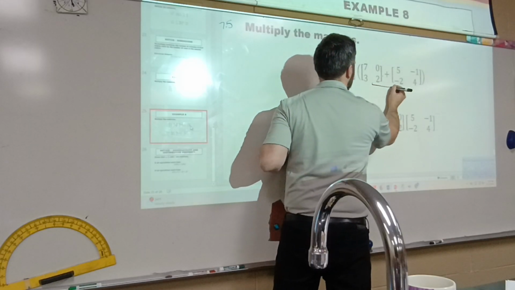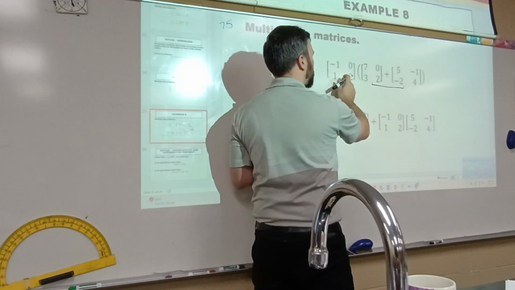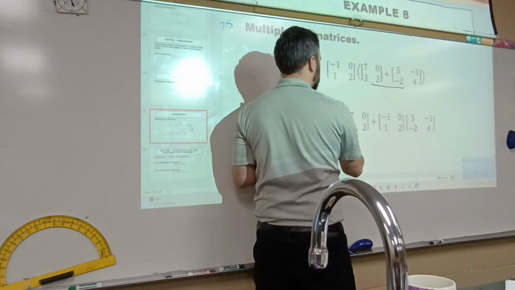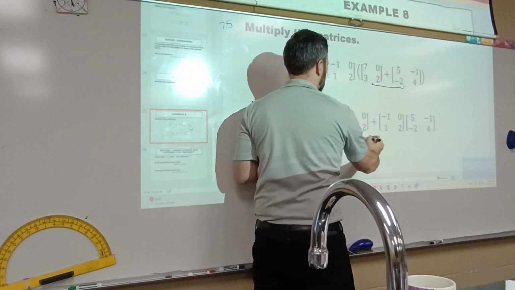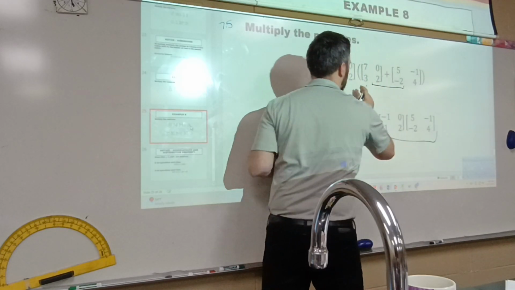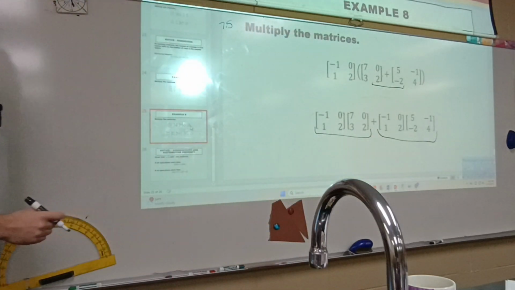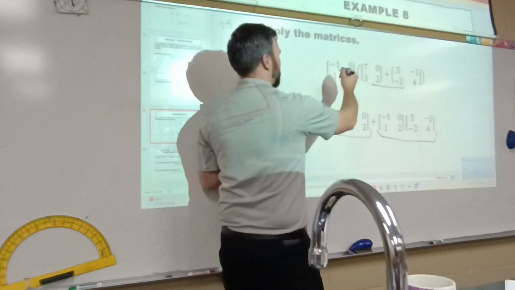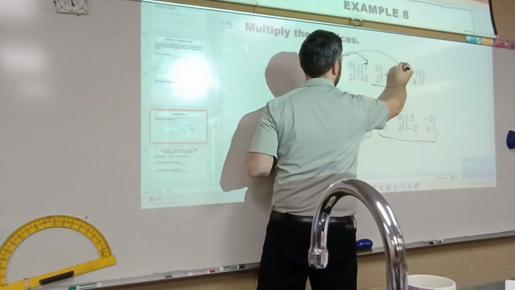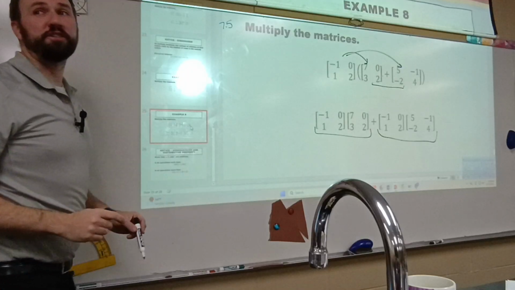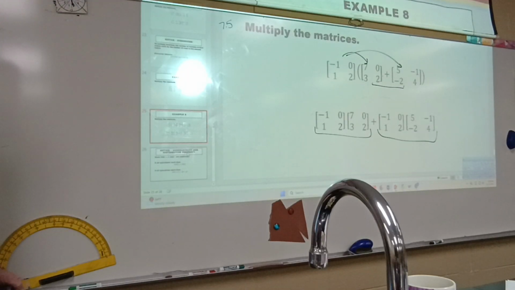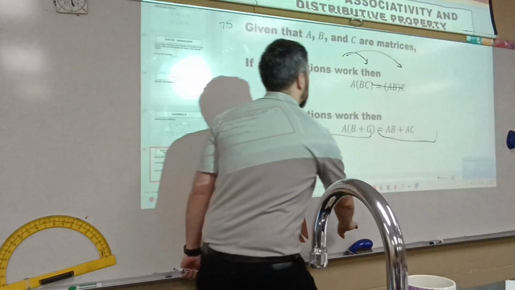If I add these first and then multiply by this matrix, I get the same thing as if I were to multiply first and then add. Okay? This is a proof. You guys, what property is it that allows me to do this? Distributive property. So does the distributive property work for matrices? It does, actually.